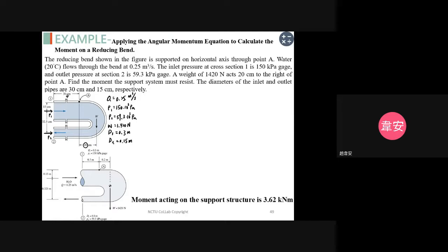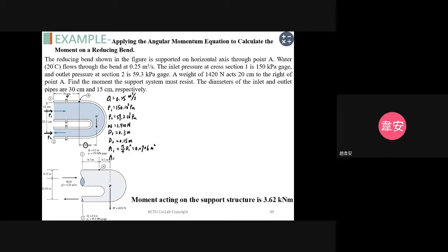Since we have D1 and D2, we can compute the cross-section area. A1 is pi over 4 times D1 squared. Using our calculator, D1 is 0.3 multiplied by 0.3 multiplied by pi divided by 4, so the area is equal to 0.0706 square meters.